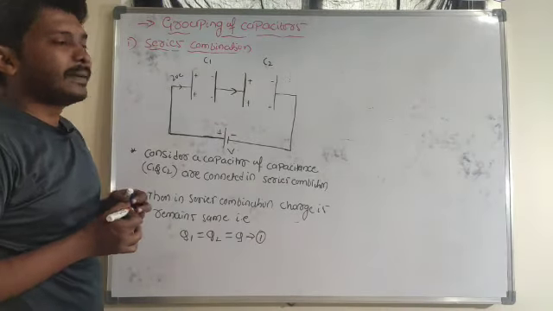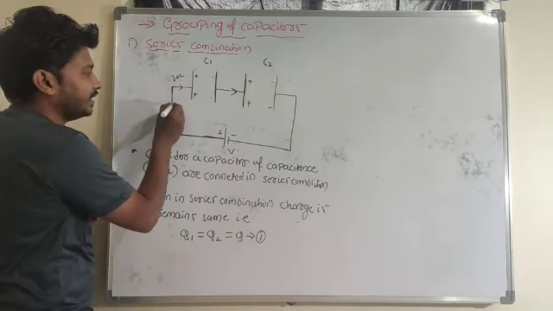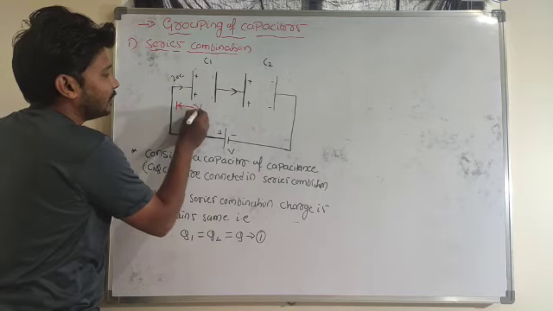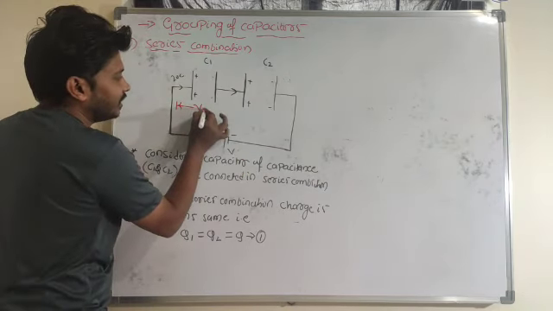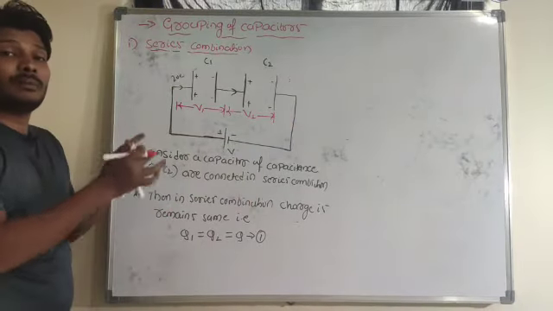Now if these two capacitors are connected in a series combination, I need to find out the potential difference. The total potential difference is V here. The total potential difference is equal to the sum of its individuals.